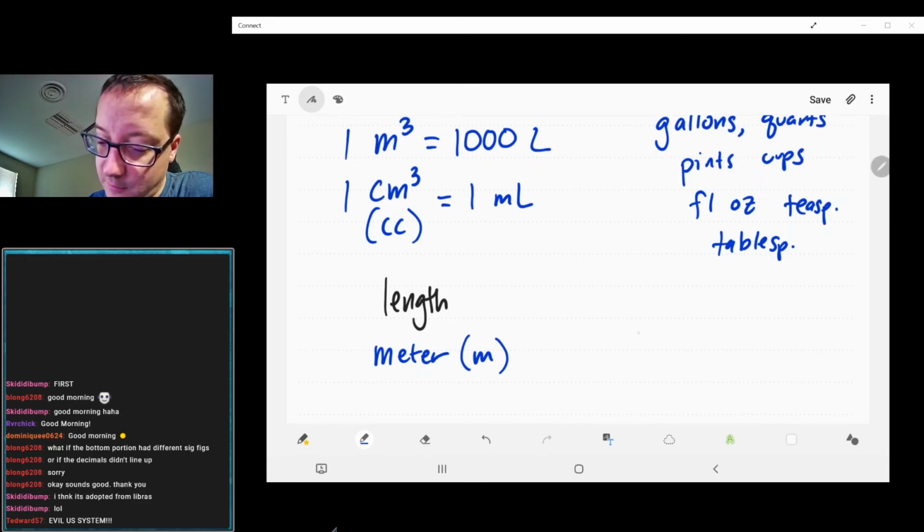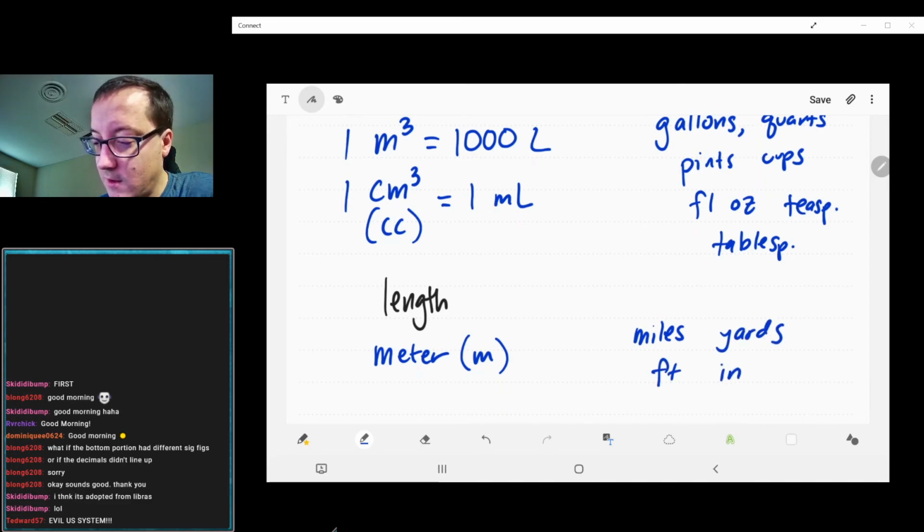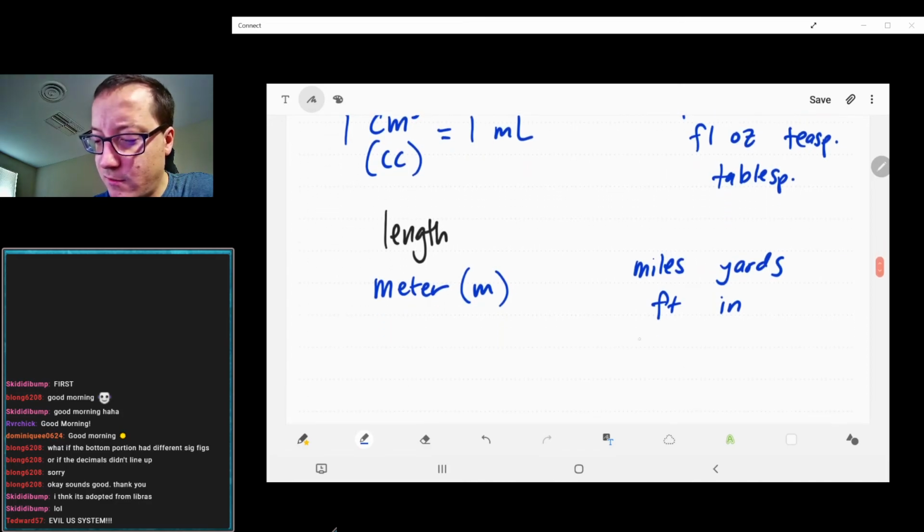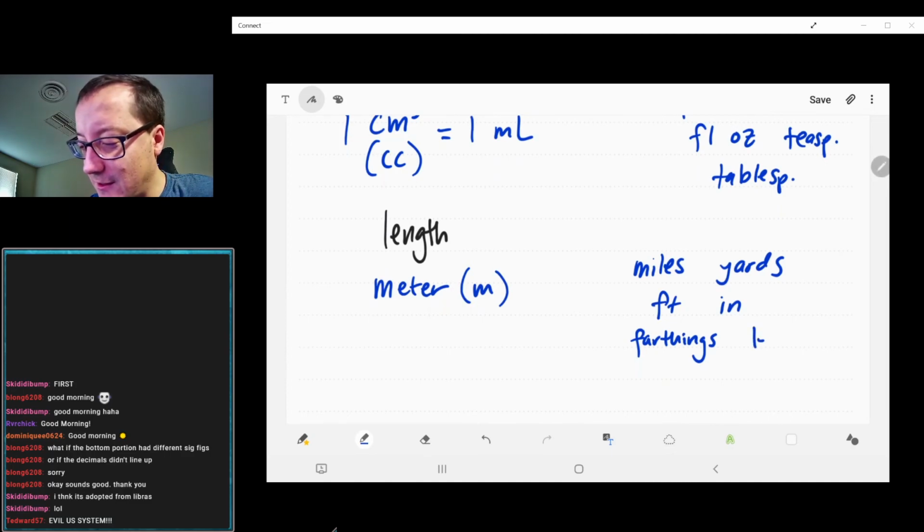But for US, of course, we have miles, yards, feet, inches. What's below an inch? I don't know. Farthings. I don't know. We've got all these random units. Leagues, I guess, is another one. That's another length unit in the US system.